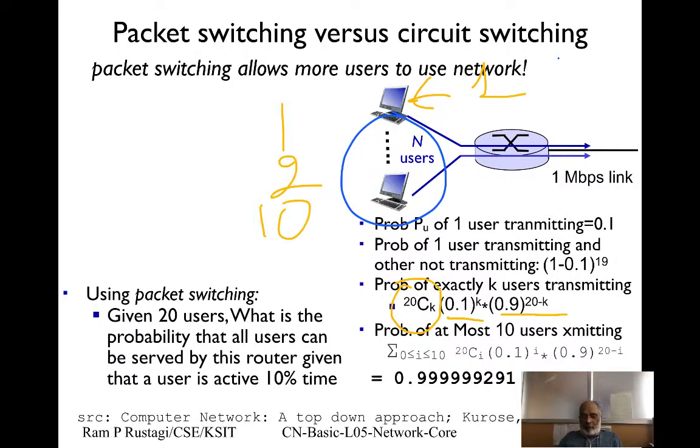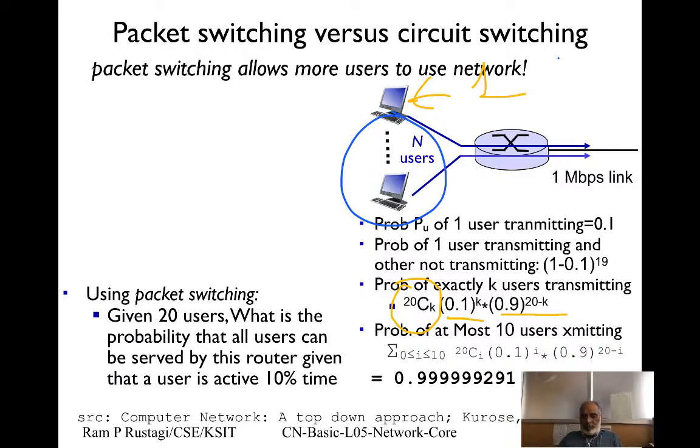But the moment the 11th user comes up simultaneously, the 11th user has to wait. So what is the probability of the 11th user transmitting? We have to discard. The probability of the 12th user transmitting simultaneously, we have to discard. So we compute the sum of the probabilities of sending 0 users, 1 user, up to 10 users, that is the sum for i equal to 0 to 10 of 20 C i, 0.1 to the power i times 0.9 to the power 20 minus i.